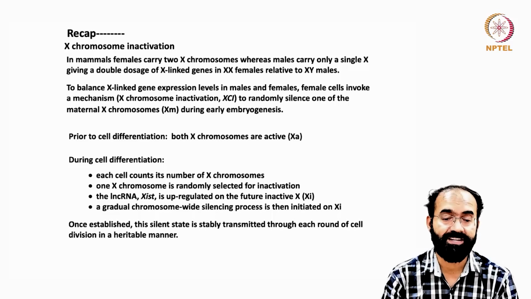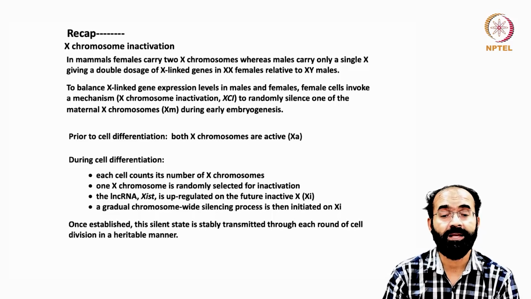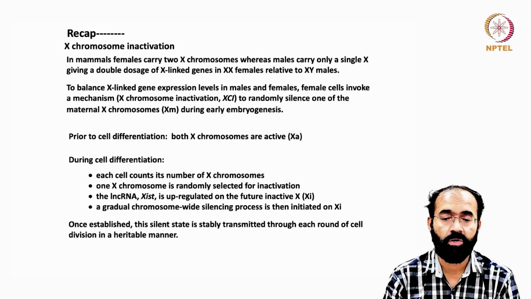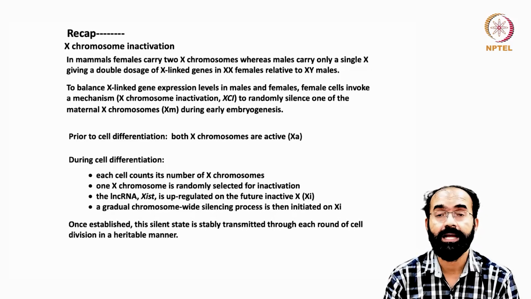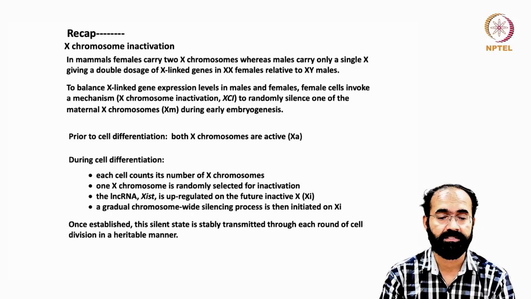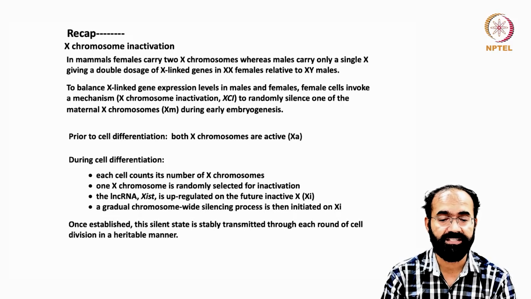X chromosome inactivation. In mammals, the females carry 2 X chromosomes, whereas the males carry only a single X, giving a double dosage of X-linked genes in XX females relative to XY males. So this is the principle behind it.